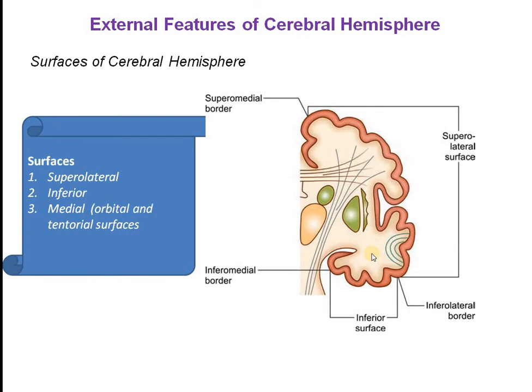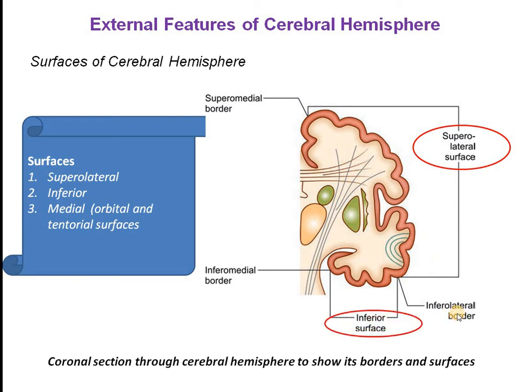And as I told earlier, it has three surfaces. Number one is the superior lateral surface, which extends from the superior medial border to the inferior lateral border, and number two, the inferior surface, which extends from the inferior medial border to the inferior lateral border.